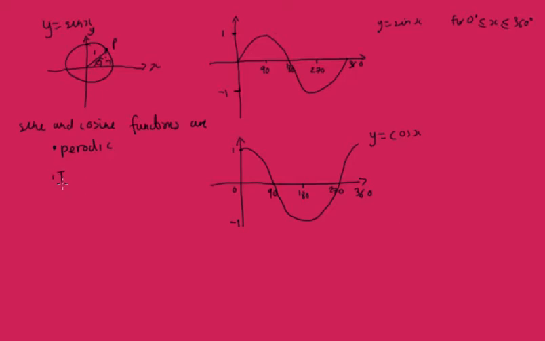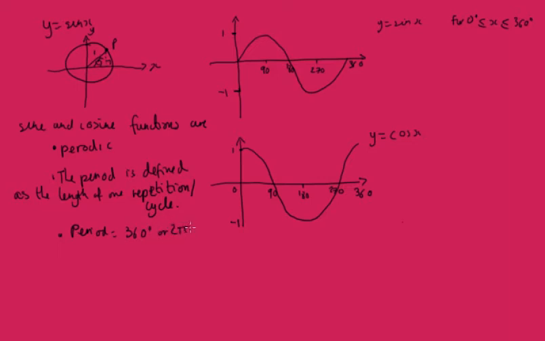The period is defined as the length of one repetition, or cycle. For both sine and cosine functions, the period is 360 degrees or 2 pi.